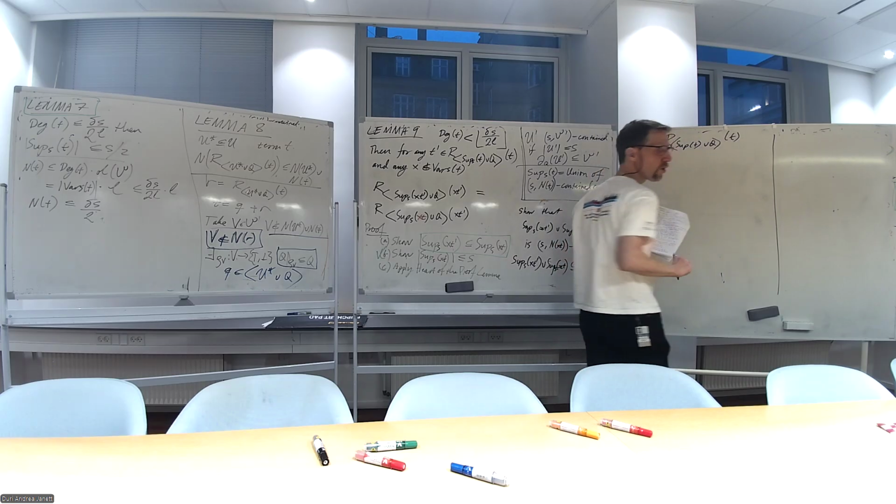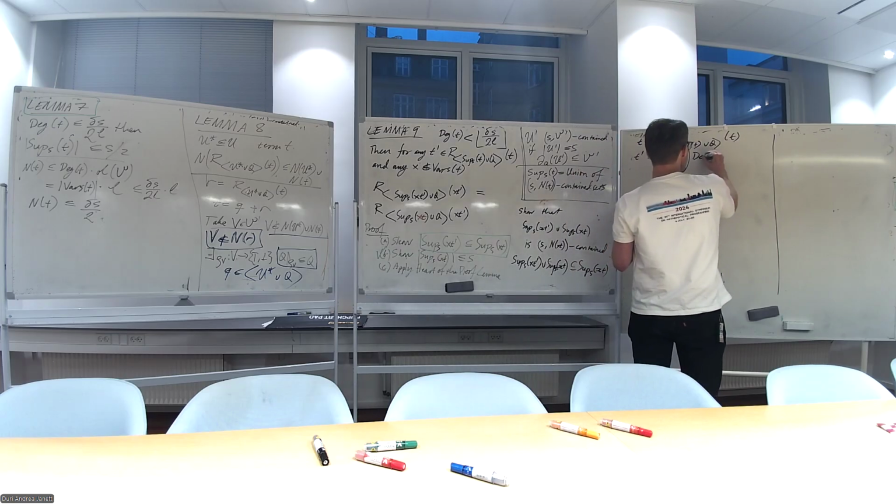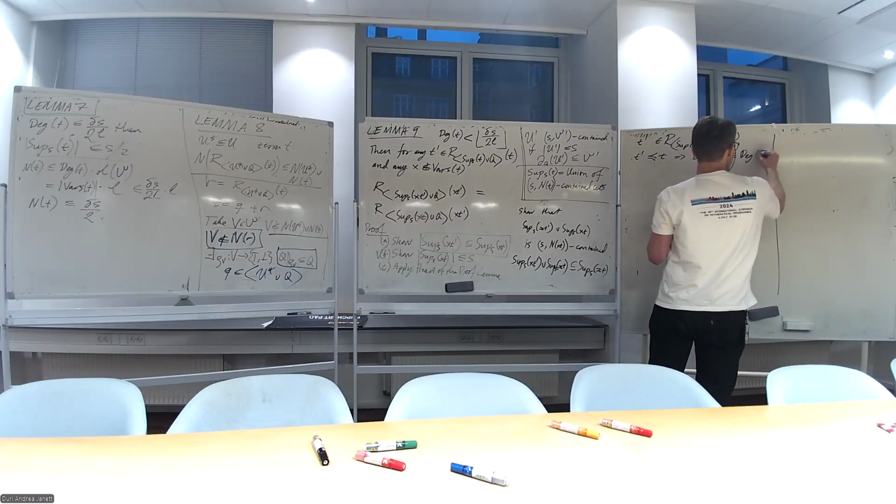So any t prime is smaller than t, which in particular means that the degree of t prime is less than or equal to the degree of t.